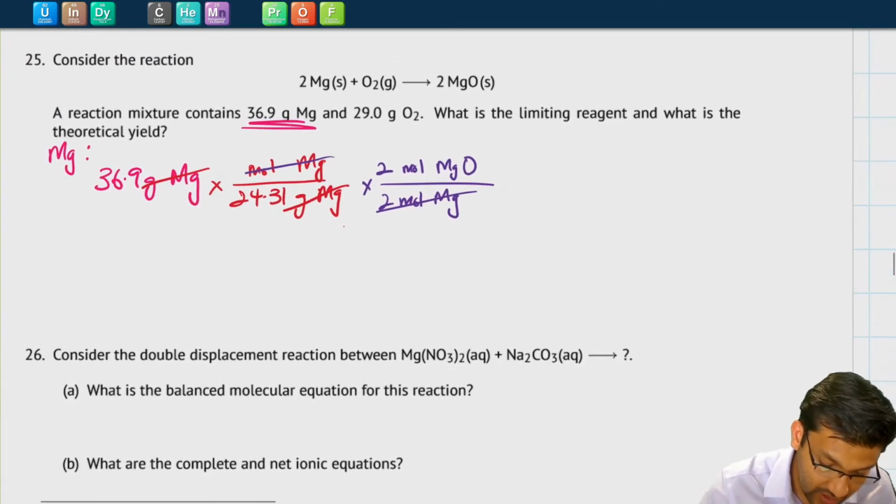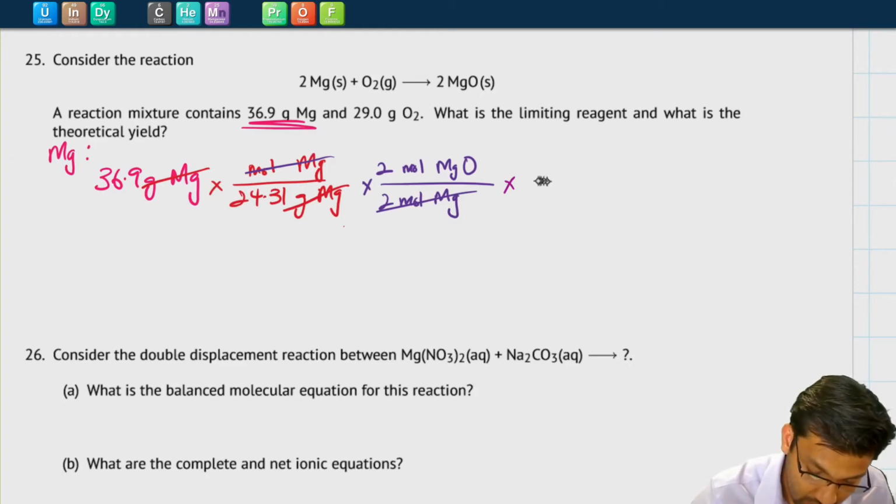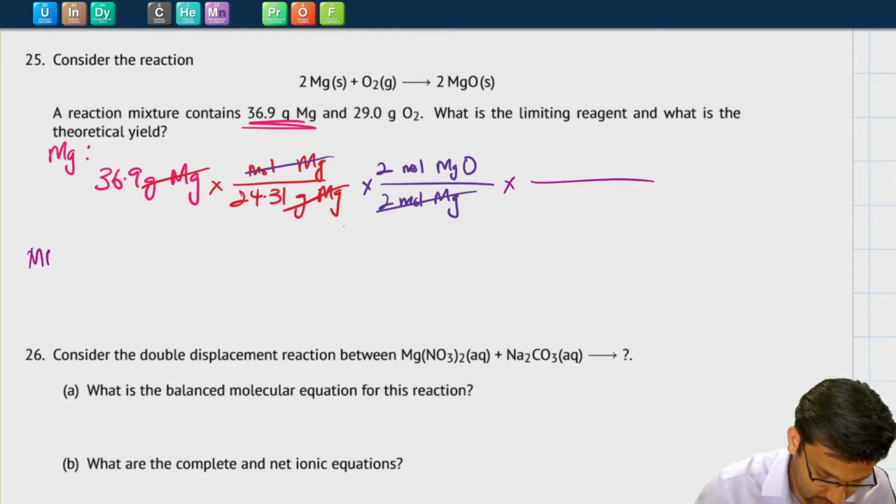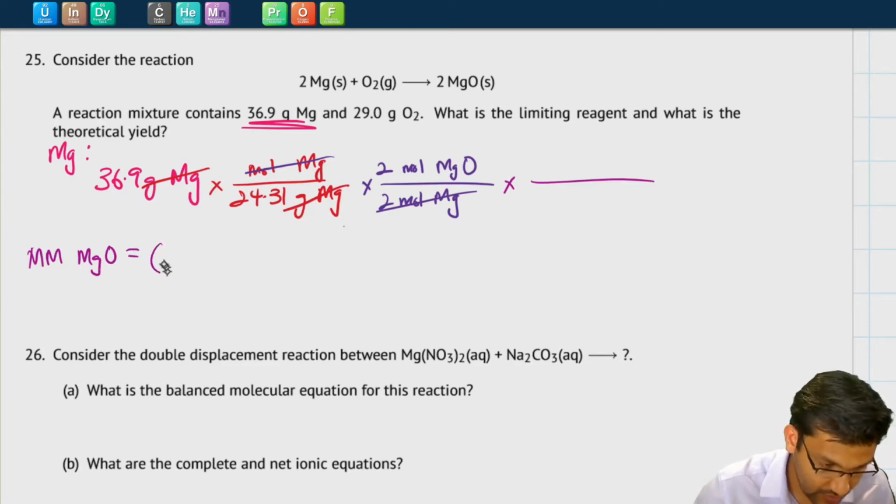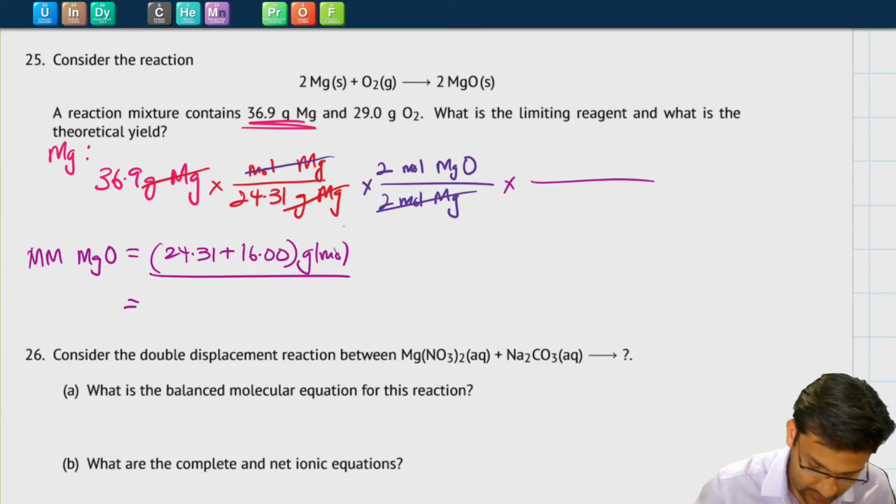And then now we're going to convert to mass of magnesium oxide. So the molar mass of magnesium oxide is equal to the molar mass of magnesium, which is 24.31, plus the molar mass of oxygen, which is 16.00. And so that gives us a molar mass of 40.31 grams per mole.